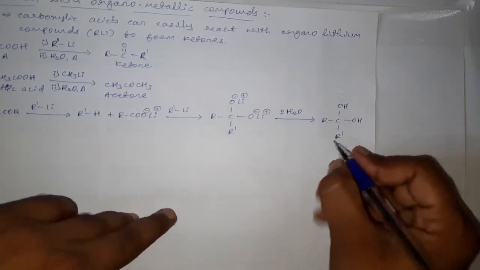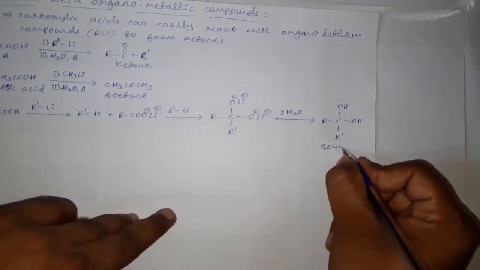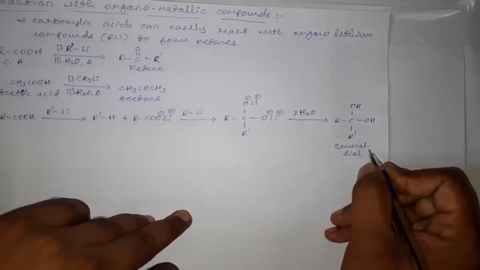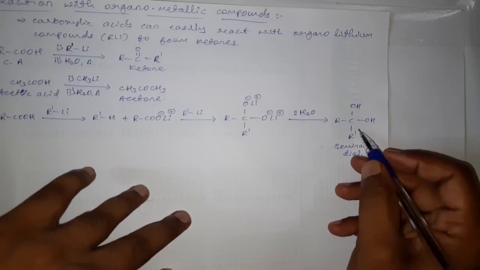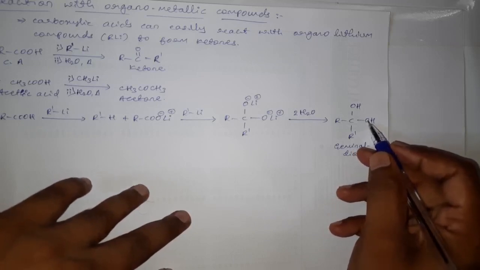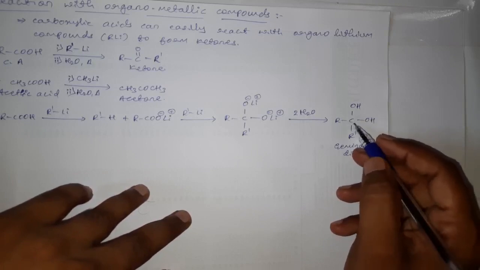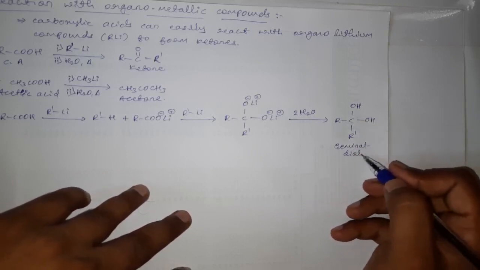Correct? And this is called a geminal diol. Geminal diol means two hydroxyl groups are present on only one carbon, then those are called geminal diols.